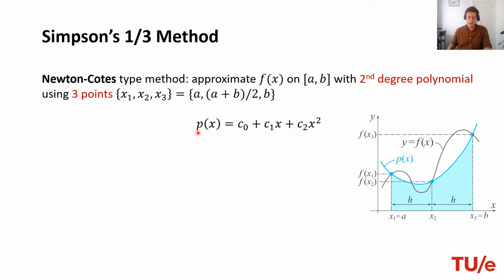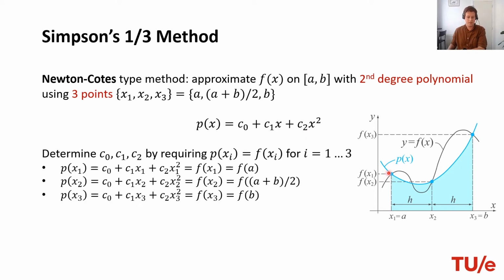So this parabola is determined by 3 coefficients, C0, C1, and C2, which are basically unknowns that we still have to determine based on f of x. Now, how do we determine these coefficients? Well, we can determine them in various ways, but the most natural way is obviously by requiring that the polynomial evaluated at these 3 points is equal to the function evaluated at those points.